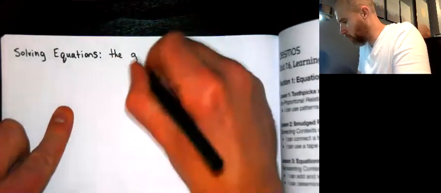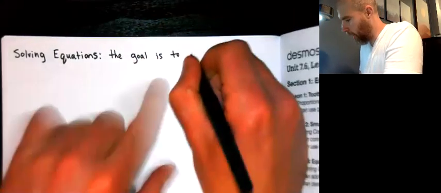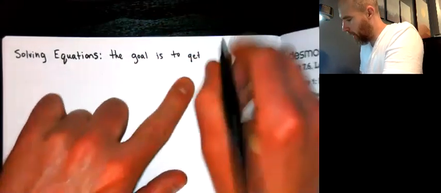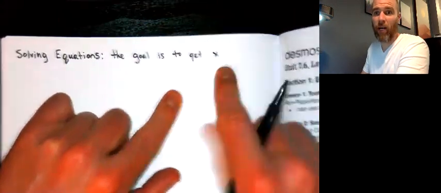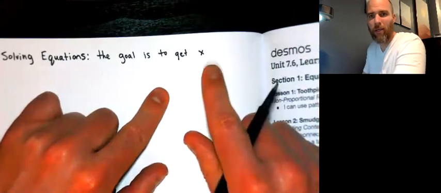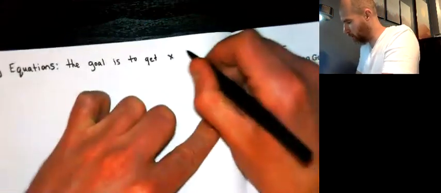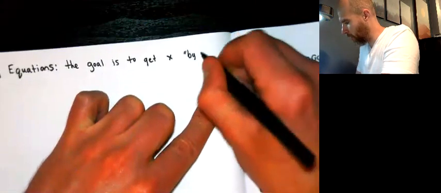The goal is to get x, this could be any variable, x, y, a, b, q, whatever, but we tend to use x a lot. So the goal is to get x by itself.